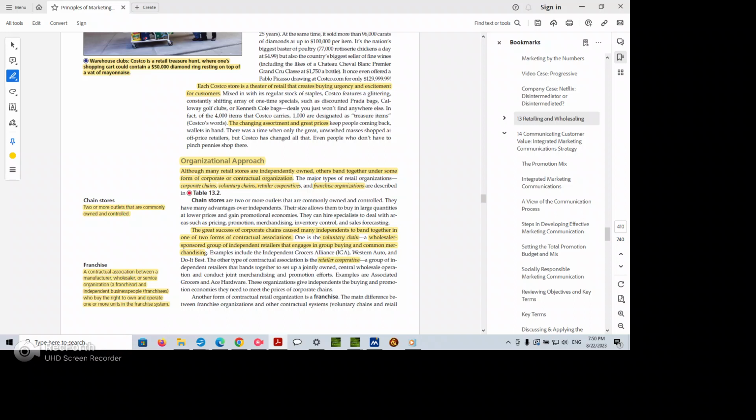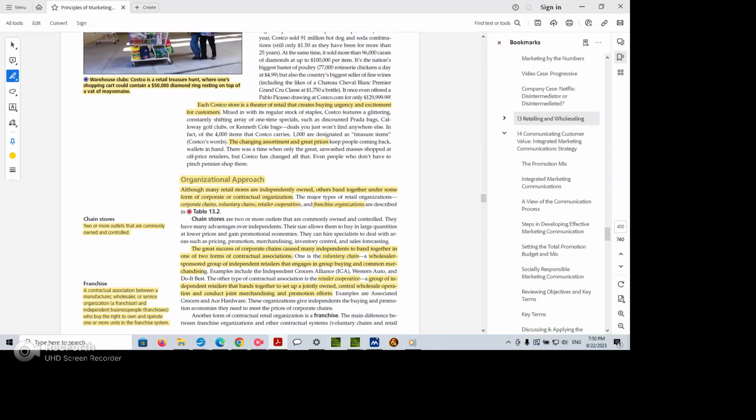Those are a group of independent retailers that band together to set up a jointly owned central wholesale operation and conduct joint merchandising and promotional efforts. Some examples are Associated Grocers and Ace Hardware. You've probably heard of Ace Hardware, it's quite famous. These associations give independents the buying and promotion economies they need to meet the prices of corporate chains.